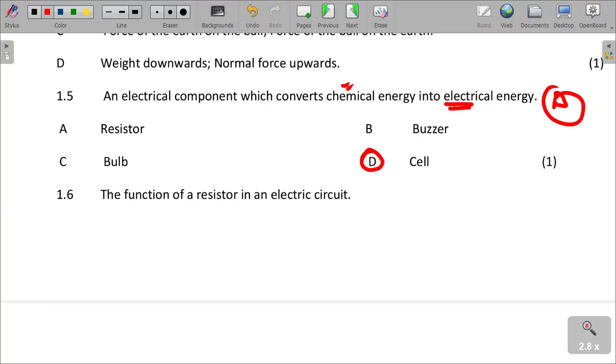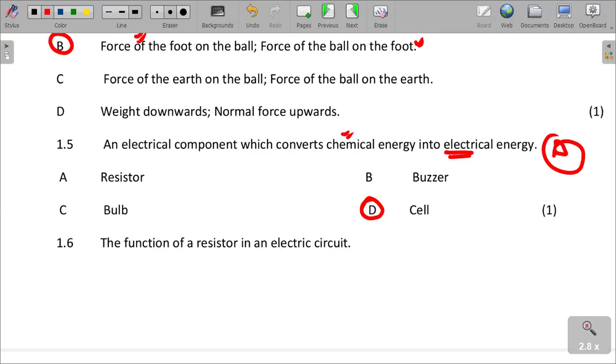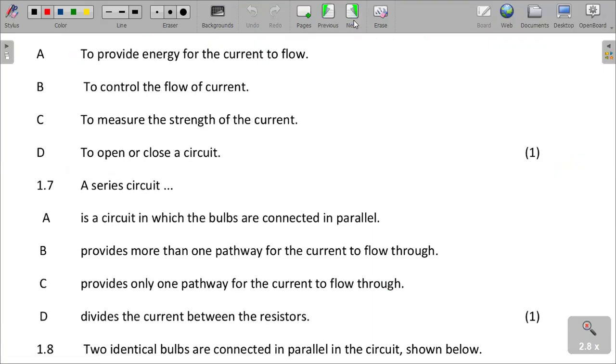It should be D. The function of a resistor in a circuit. What does a resistor do in a circuit? When we put resistors in a circuit, we intend to do what? Resistors are put in order to control the flow of current.